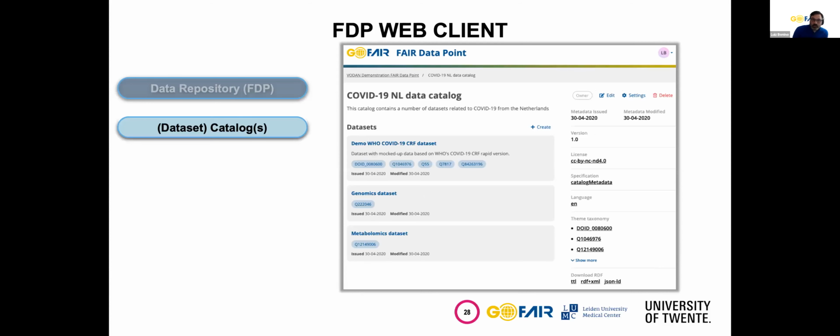This catalog contains a number of datasets related to COVID-19 from the Netherlands, because it's the COVID-19 NL data catalog, and then the version, license, and so on. And again, now we have summary cards of the datasets inside that catalog. For instance, the demo WHO COVID-19 CRF dataset, or genomics dataset, or metabolomics dataset.